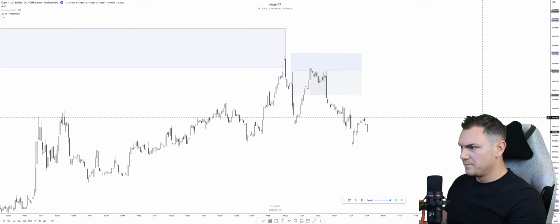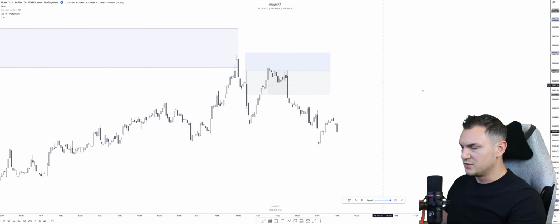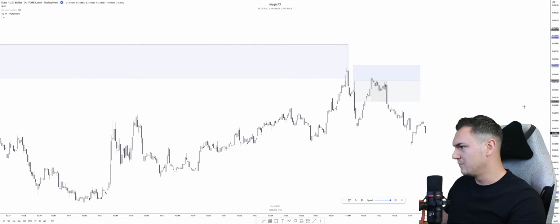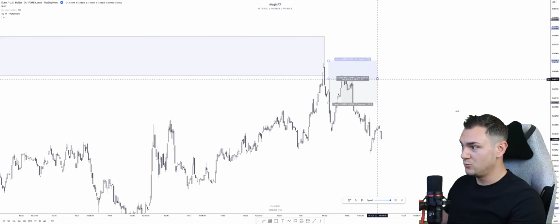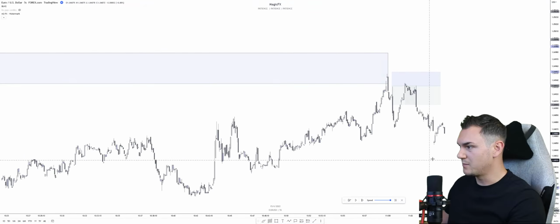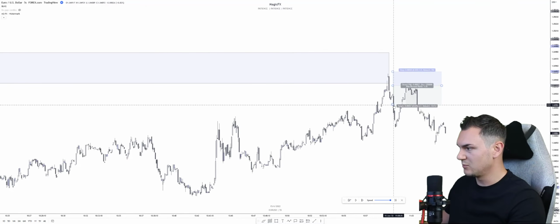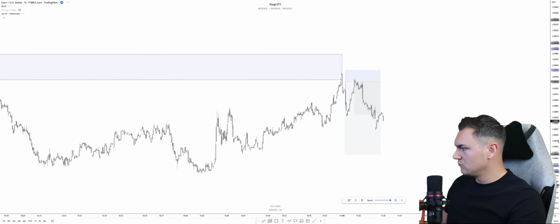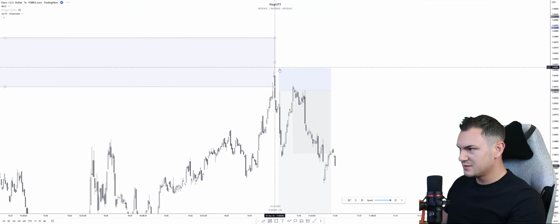And as you can see here, I used a 2-pip stop. I've noticed price has been more volatile lately on EU, and I'm actually happy to use larger stop losses now. But could you have still gotten in this with a smaller stop loss?